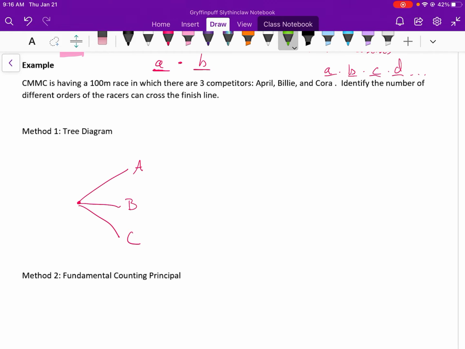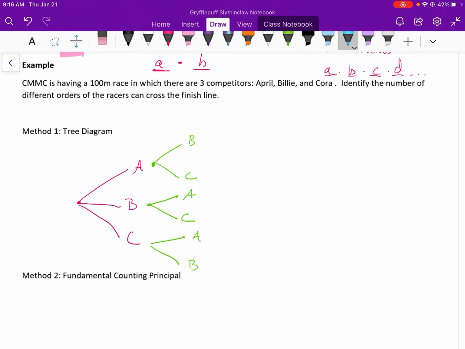These represent first place. Now, I'm going to draw branches of this tree diagram to represent who can get second place. If April gets first, then Billy or Cora can get second. If Billy comes in first, then April or Cora can come in second.